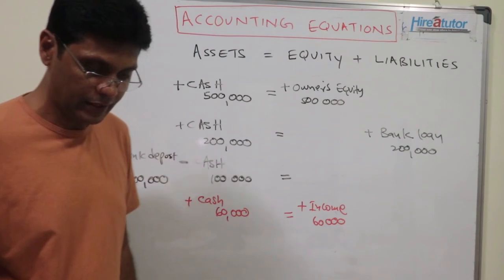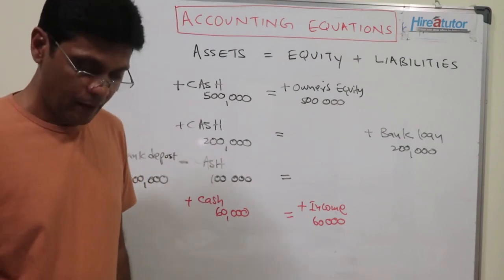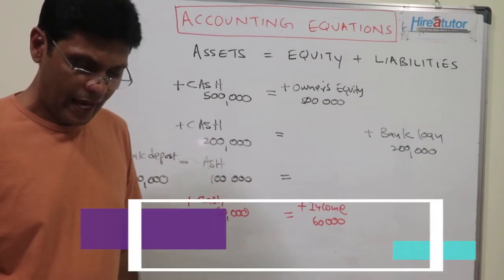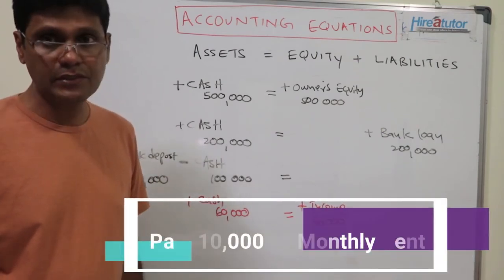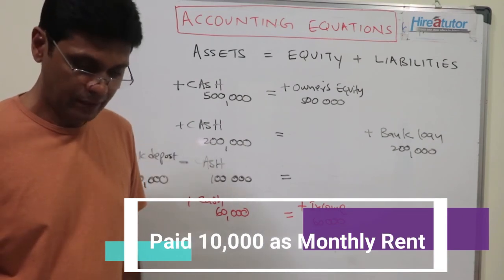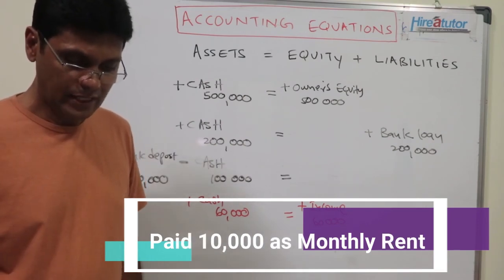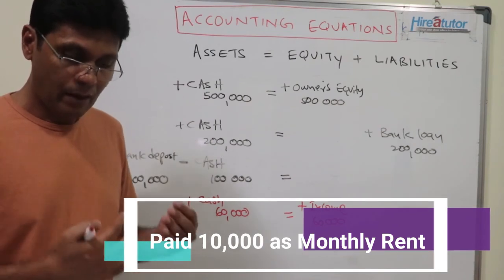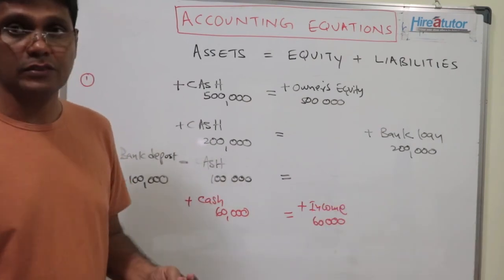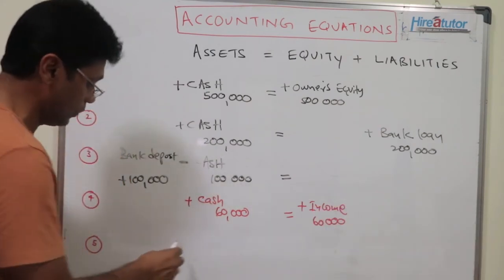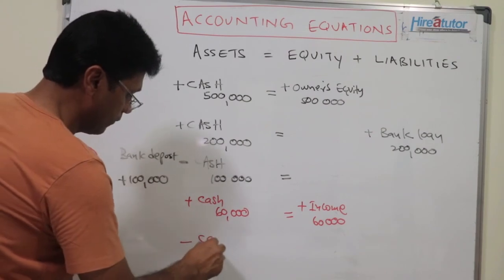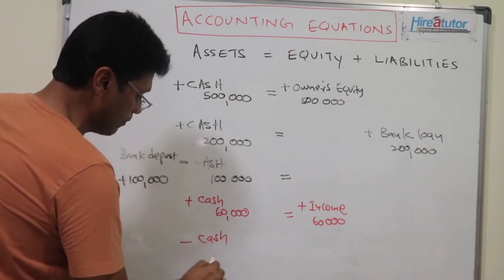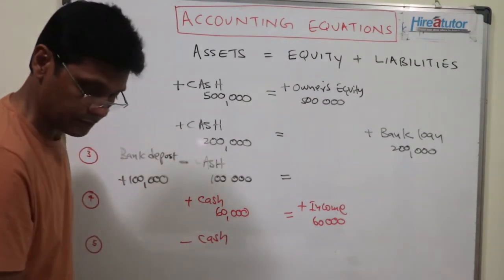Okay, now let's look at the other transaction. Paid 10,000 as the monthly rent of the business. What has happened? Paid 10,000 as the monthly rent. So what is the dual impact? The company has paid 10,000 rent, so the cash of the business will reduce by 10,000.